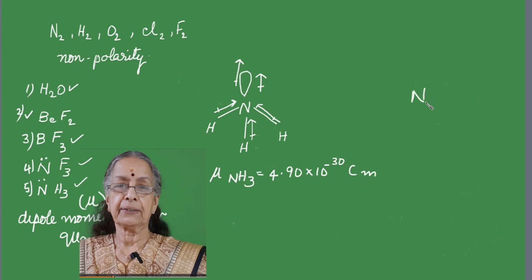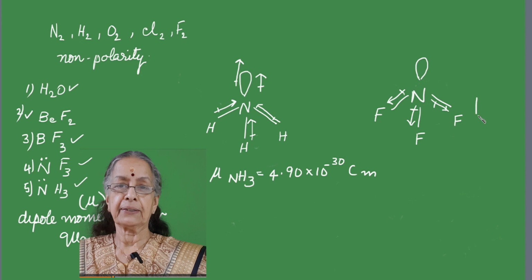Now consider nitrogen fluoride. Nitrogen is the central atom. There is the lone pair, that is the orbital of the lone pair, and 3 fluorine atoms attached to this nitrogen. But in this case, fluorine is more electronegative than nitrogen. Therefore, the dipole moments of all the 3 bonds will be directed away from the nitrogen atom, that is, in the direction opposite to what you saw in the case of nitrogen-hydrogen bonding in ammonia.